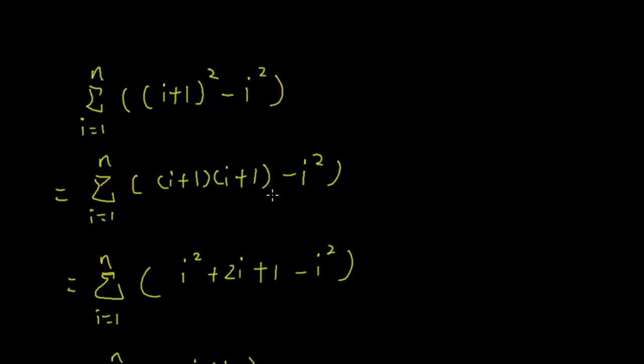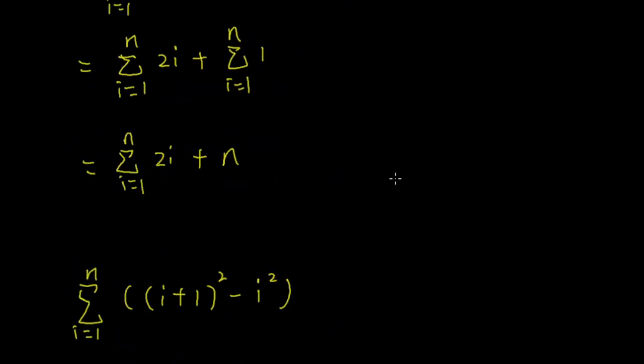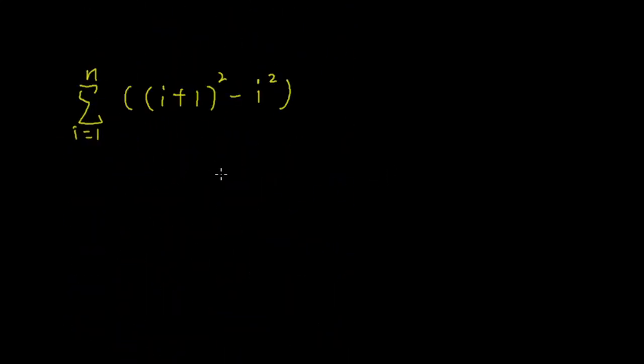Now the second thing I will do is just use the sum of difference of squares again. So here, (i plus 1) squared minus i squared. So this is the same as this one here. This time, I will write out the sum.